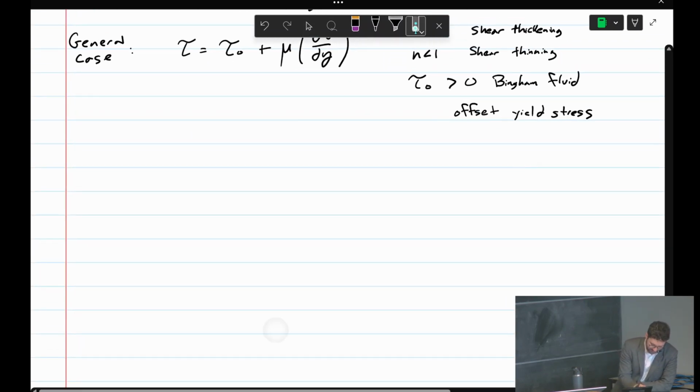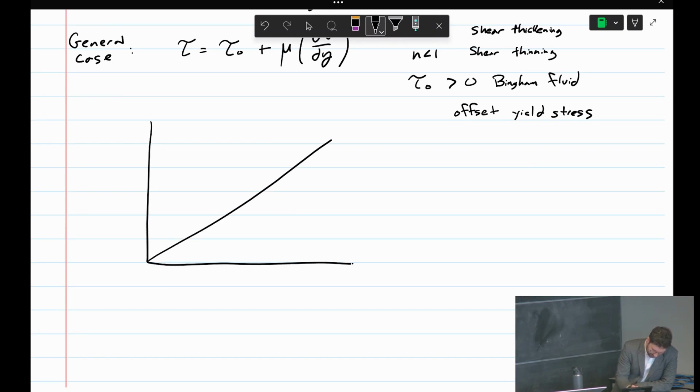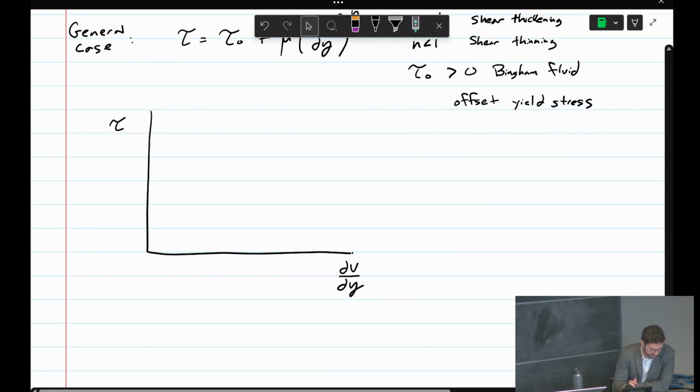I'm going to do a plot to illustrate that one. This plot is going to be the velocity gradient compared to the shear stress.